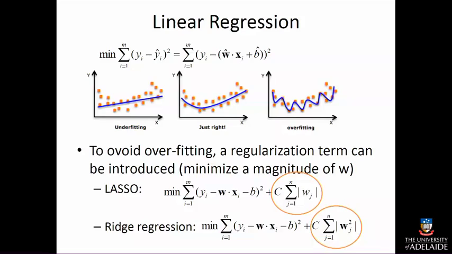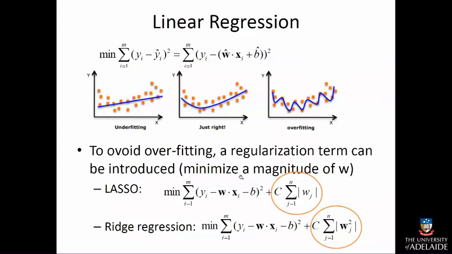But then we have the second term, which is the regularization. We apply a regularization term just to avoid overfitting. If you don't apply any regularization term and you don't have enough training data, then it's not a good idea.